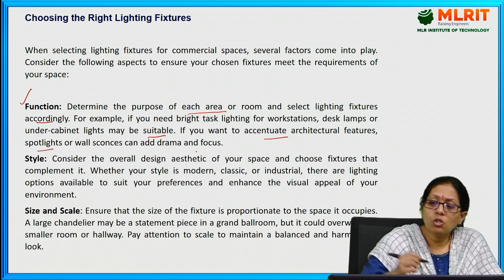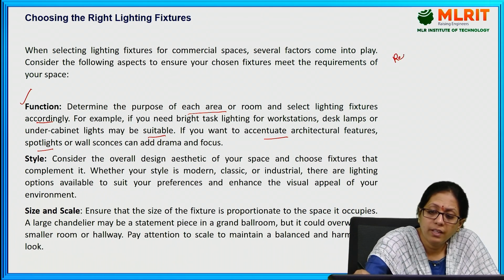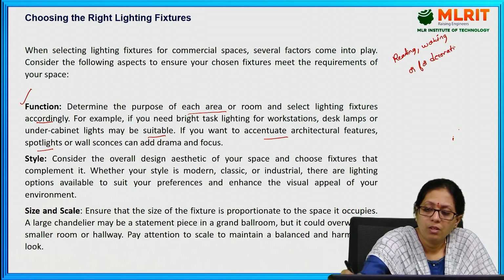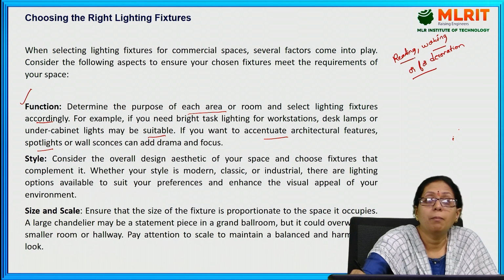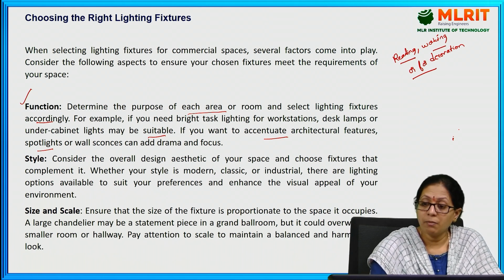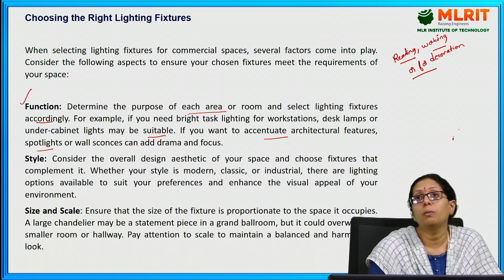That is based on the place, whether it is a reading place, working place or for decoration. So, based on the application, we need to decide the different types of bulbs or lights, and the spacing between the bulbs and number of lights to be used in a room or in an area.